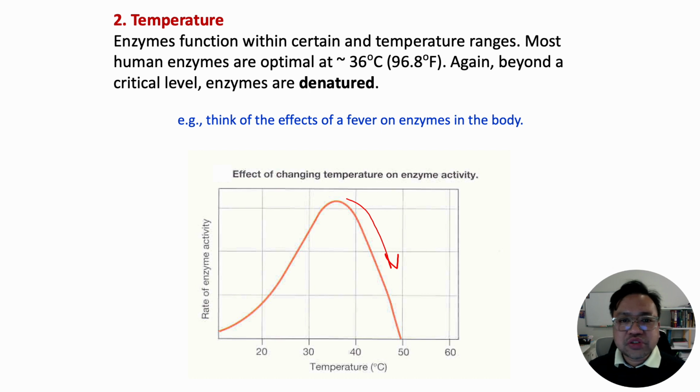The graph demonstrates that enzyme activity increases with the temperature up to the peak at around 36 to 40 degrees Celsius, after which it rapidly decreases due to denaturation. This highlights the impact of elevated body temperatures, such as during a fever, on enzyme function.